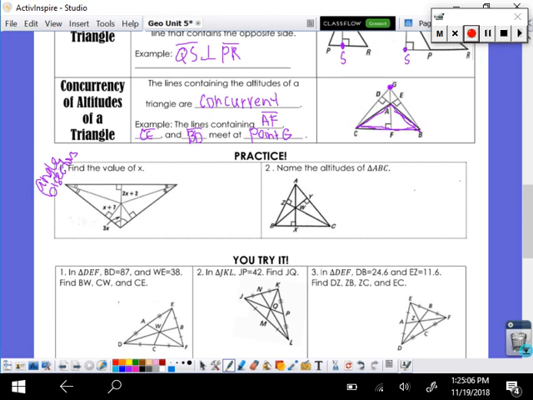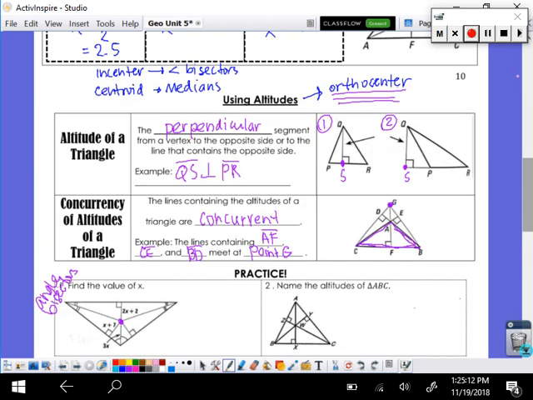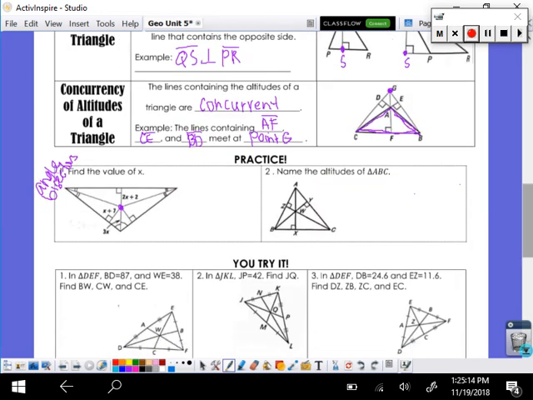So what do we know about angle bisectors? Well, I know that they form that point in the middle, going back. Remember that point is called the incenter. And we know that the incenter is equidistant to every side of our triangle. So the equation we should get from here is 2x plus 2 equals x plus 7. We solve for x, and we see that x equals 5.